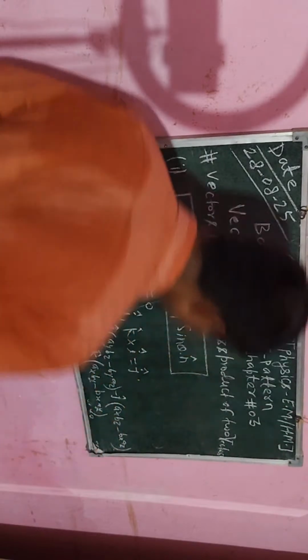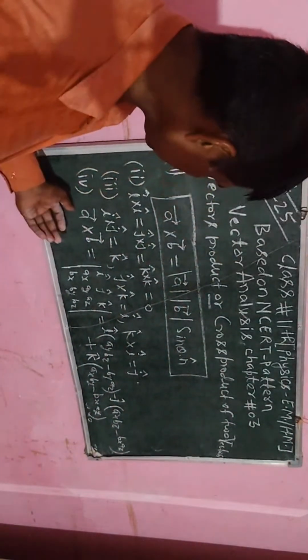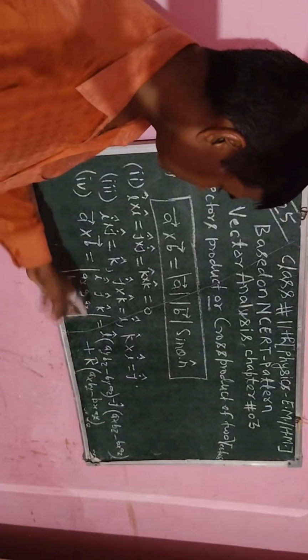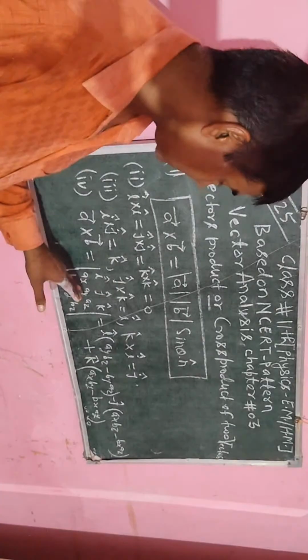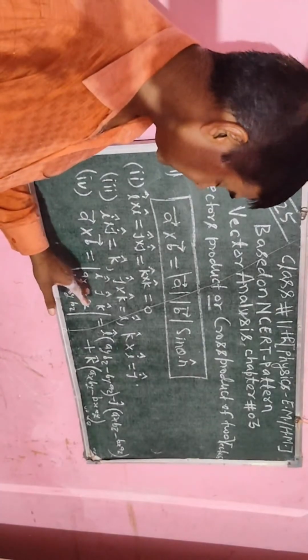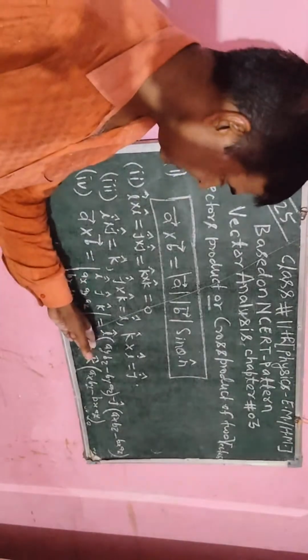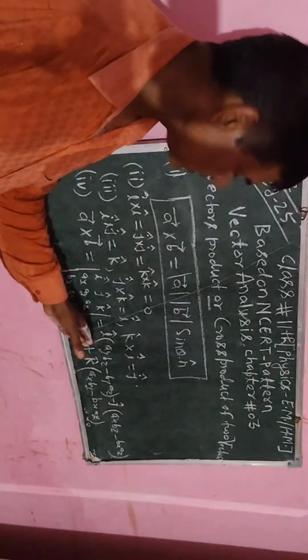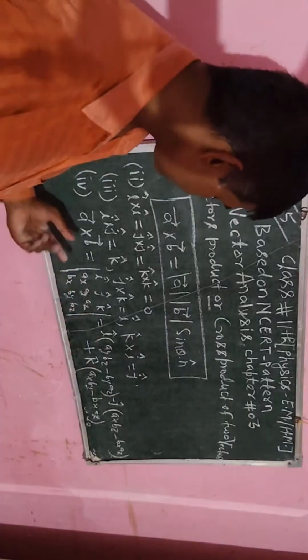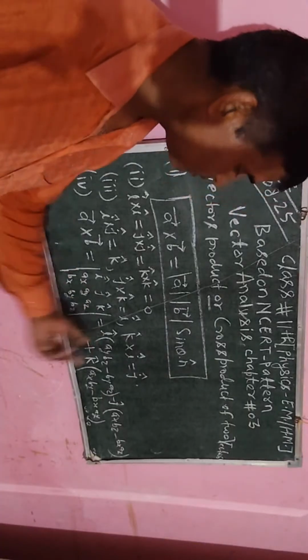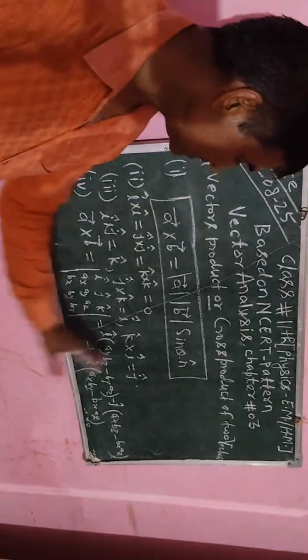So I have to write it like this. a cross b is written in determinant form like this, and after writing in determinant form I will expand it, and then I will get a particular vector, and then I will also get the magnitude of this vector.